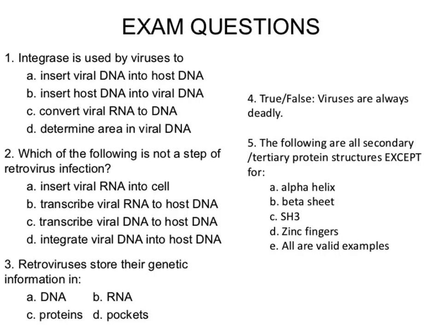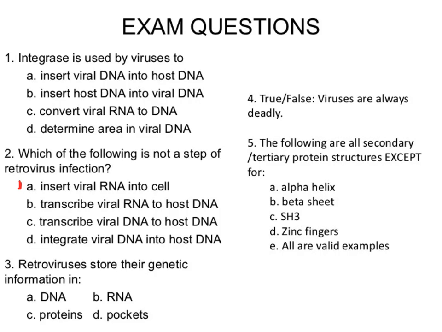So if we go through the steps that we've got, inserting viral RNA into the cell is our earliest step here. We then need to transcribe our viral RNA into viral DNA, which is fun. That one's not even on there.